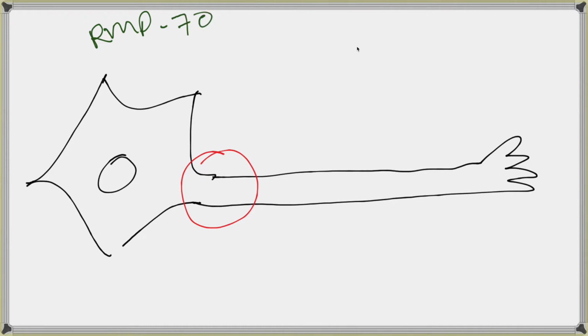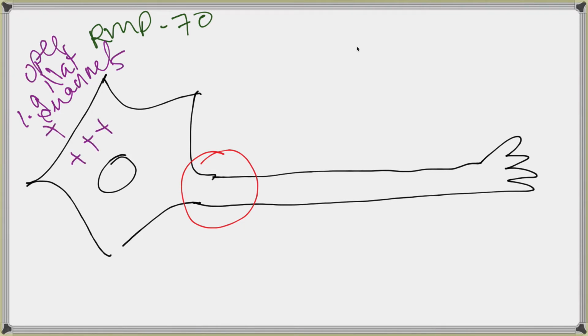And then, just to correlate with the picture that we were looking at before, let's say that we opened ligand-gated sodium channels here. We're going to open them here, okay? And the positives are going to go inside. So sodium's going to go inside. And that would, of course, be depolarizing.